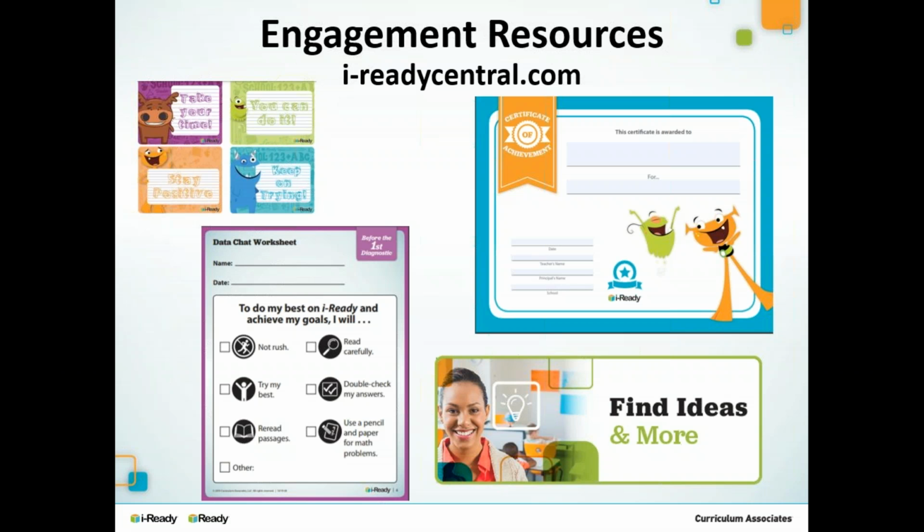And then the things we haven't thought about, other teachers have. Instead of going on Teachers Pay Teachers or other places that you might go, we have like our own little Pinterest of iReady with Find Ideas and More, and I'll show you where that is in just a second. And I'll show you Brigance as well.